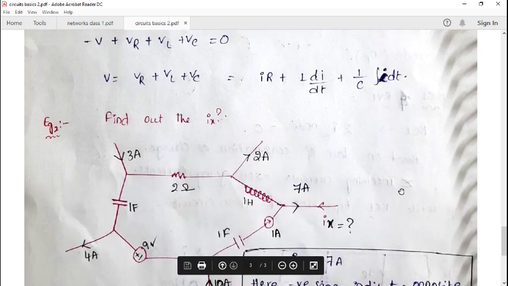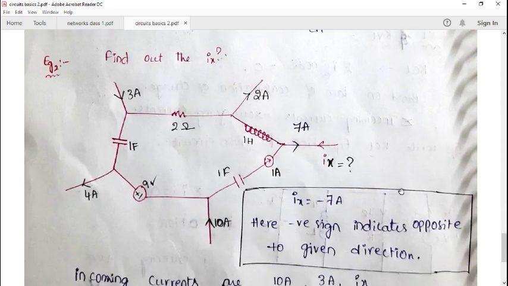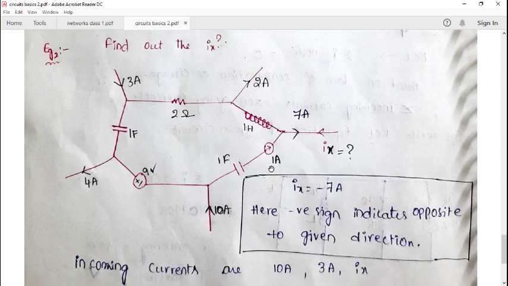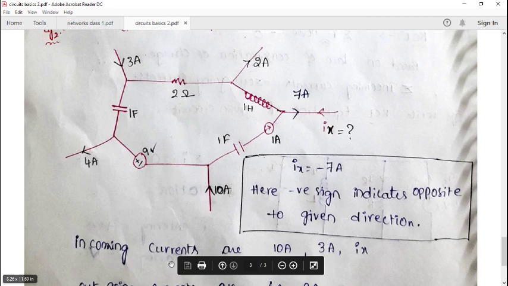Now let us solve one previous year's question. What is the value of current Ix? This is a simple technique. Let us consider this entire network. What are all the incoming currents into this network? 10 ampere, and here 3 ampere, and Ix here.